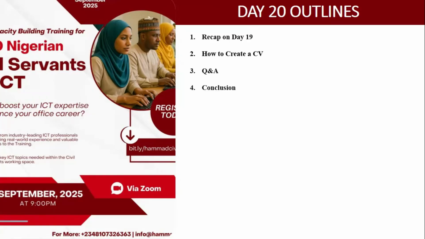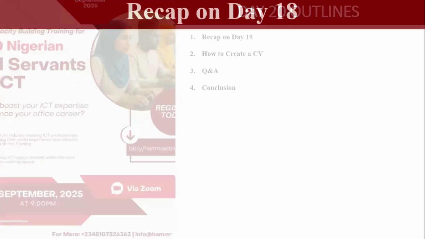Then we should be able to explain the concept of ATS, that is Applicant Tracking System, and why it matters in creating our CVs. Then finally, participants should be able to design a simple and professional CV using Microsoft Word suitable for civil service and other professional opportunities.